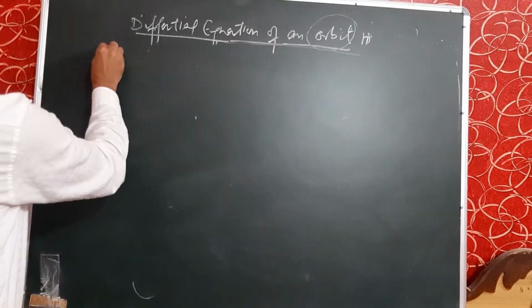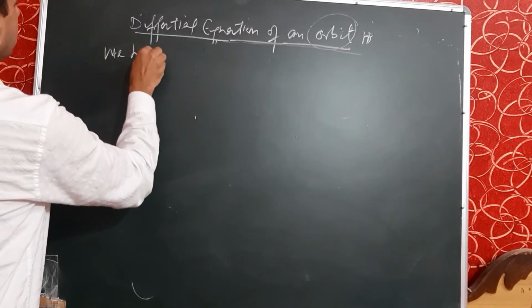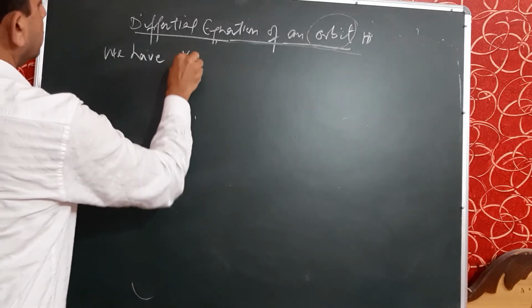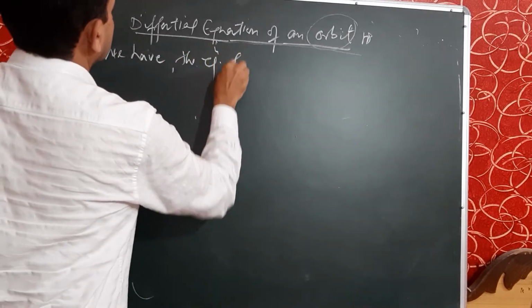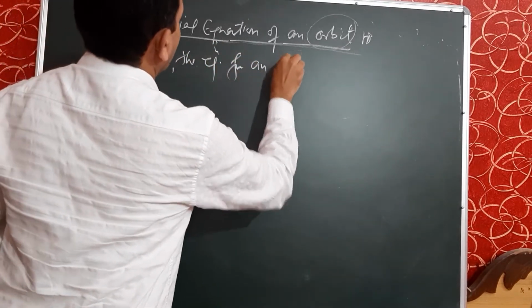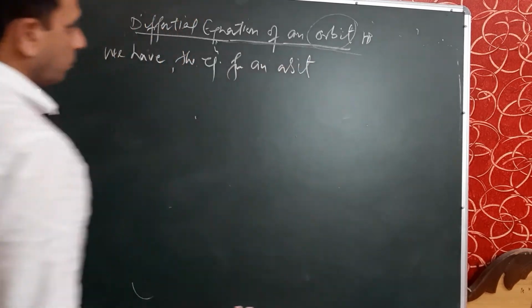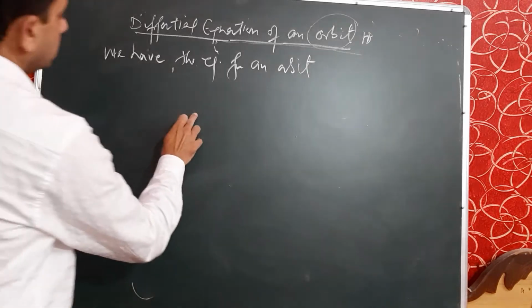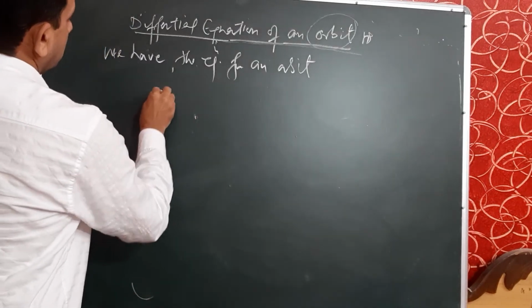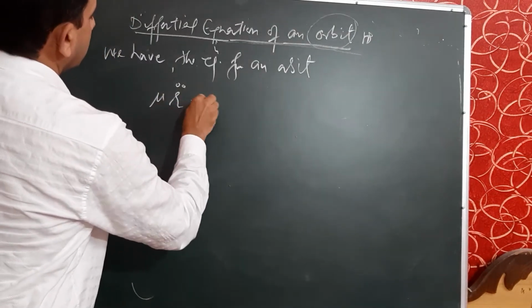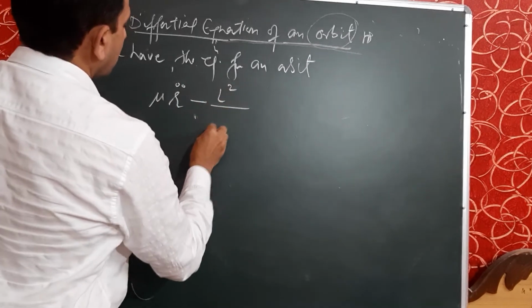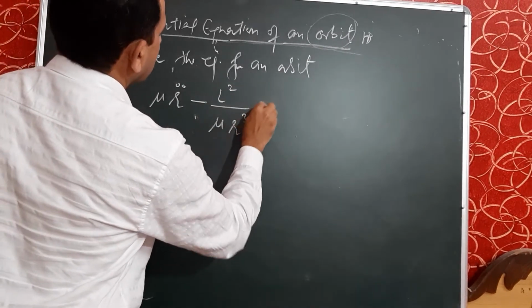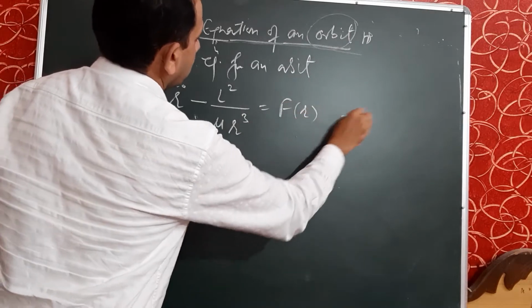We already have the equation for an orbit, for a particle moving under inverse square force, and that equation is mu r double dot minus L square upon mu r cube is equal to f of r.